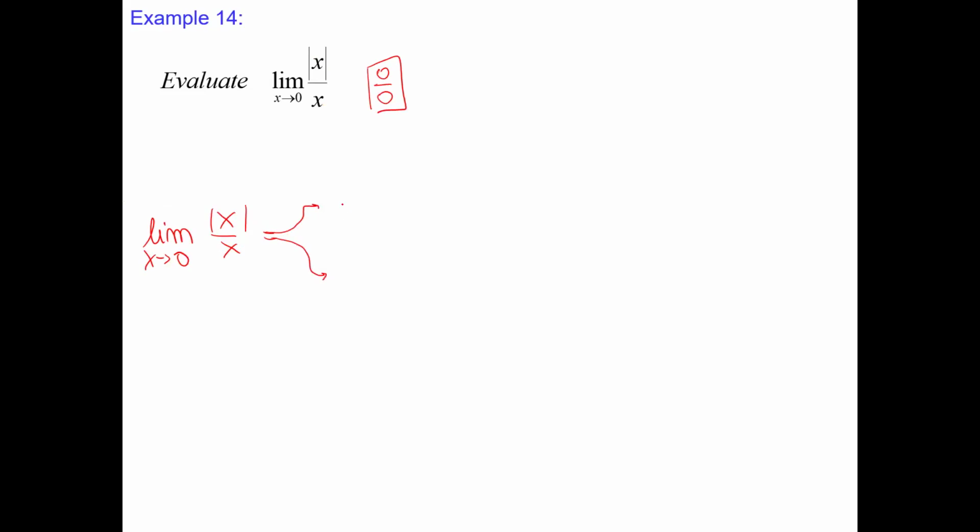We will definitely need to investigate the right-hand side and the left-hand side at 0. Limit as x approaches 0 from the right-hand side: x on the right-hand side of 0 is positive, so the absolute value of positive numbers is just the number itself. x over x is 1.